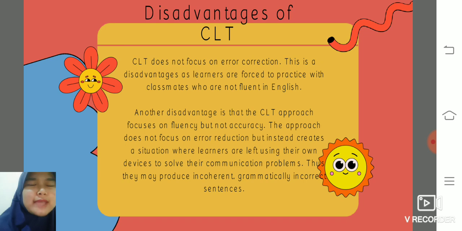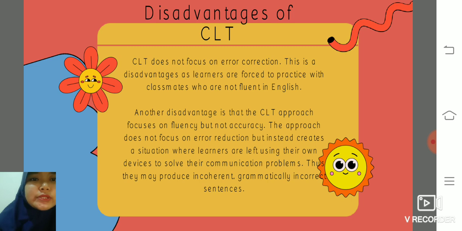Next, disadvantages of CLT. CLT does not focus on error correction. This is a disadvantage as learners are forced to practice with classmates who are not fluent in English. Another disadvantage is that the CLT approach focuses on fluency but not accuracy.